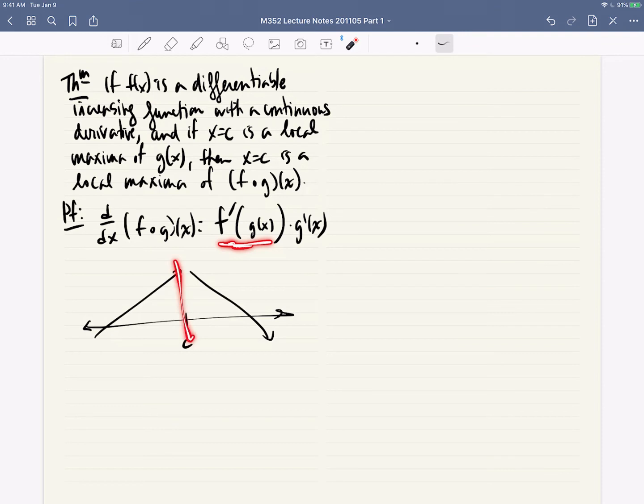But in the neighborhood of c, this is always positive, so it doesn't change the sign of our derivative. So to the left of c, this is positive. To the right of c, this is negative. So this is why this theorem is true. That if you compose a function with a monotonically increasing function, then that composition is going to preserve local maxima. So why is this important? So here's the corollary.